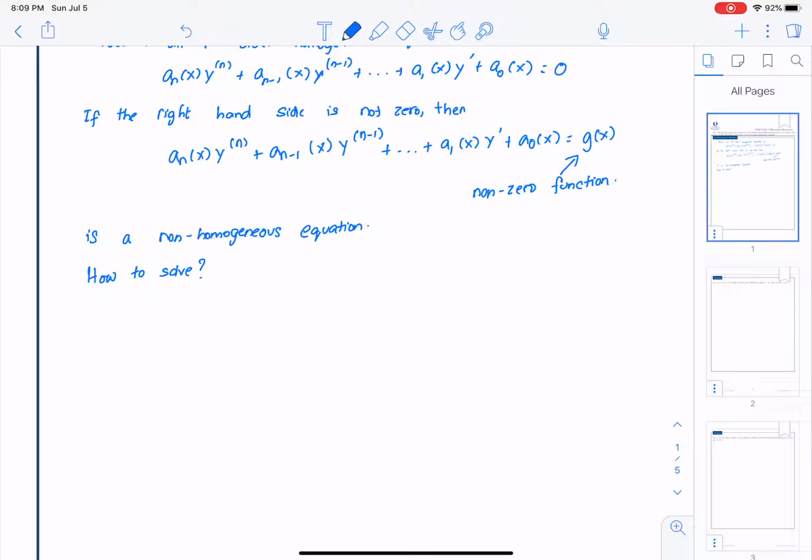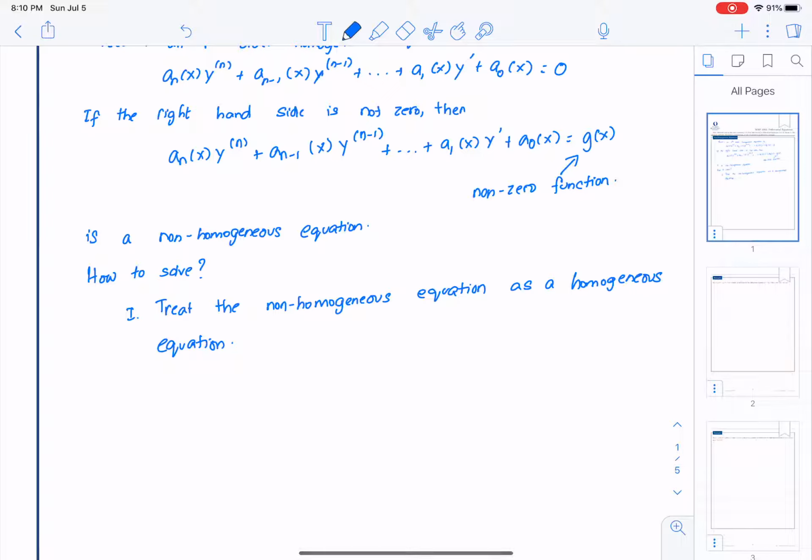How to solve? The very first step is to treat the non-homogeneous equation as a homogeneous equation, and we've seen multiple methods to find the solution of a homogeneous equation.